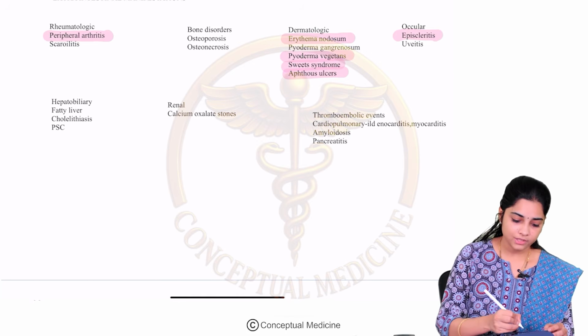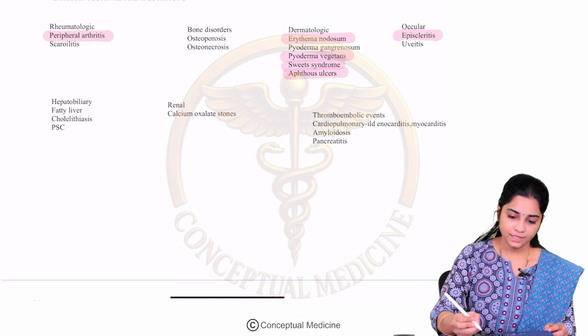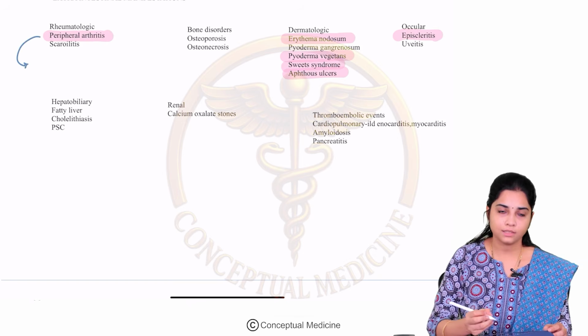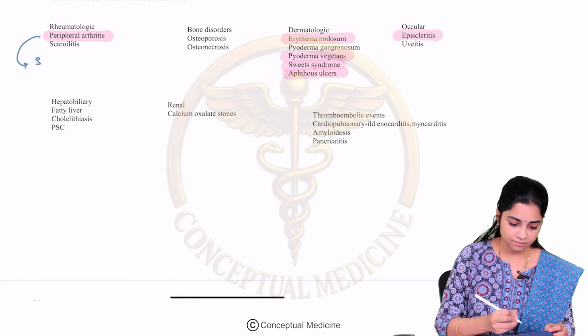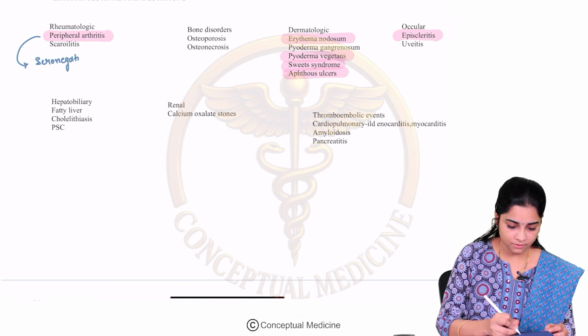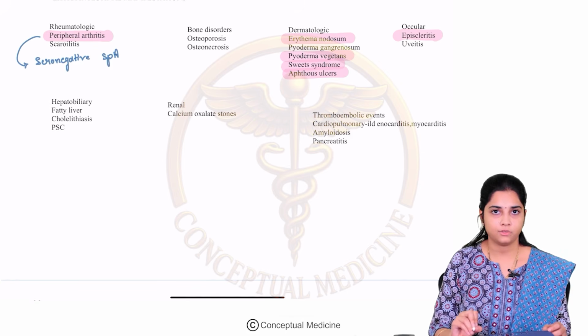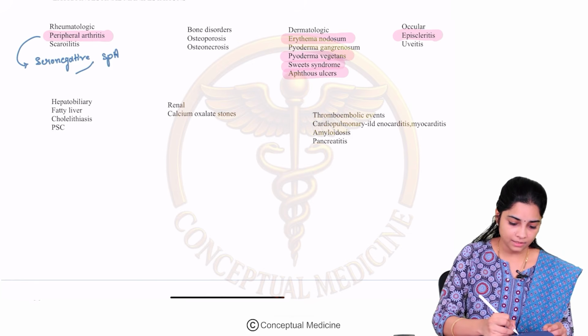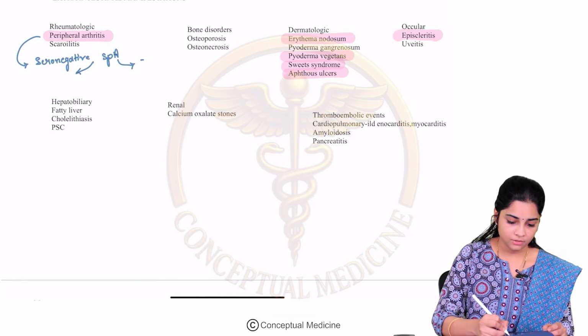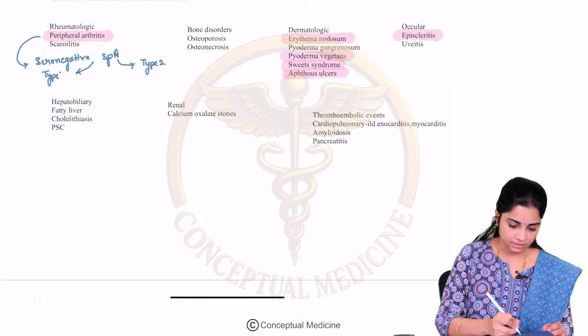IBD associated arthritis is classified as a seronegative spondyloarthropathy. This is again classified into two types: type 1 and type 2 IBD associated arthritis.